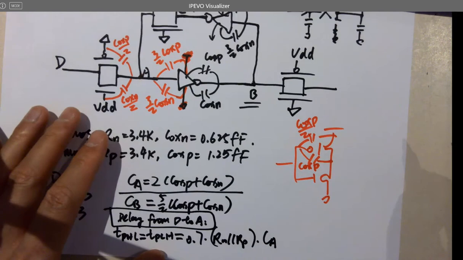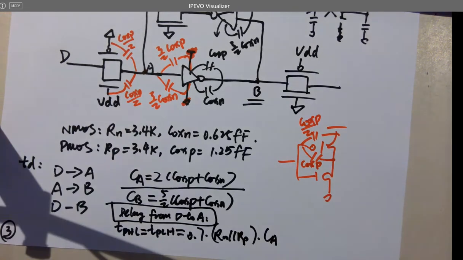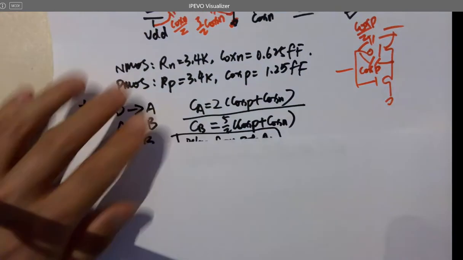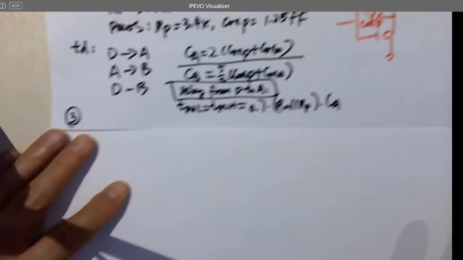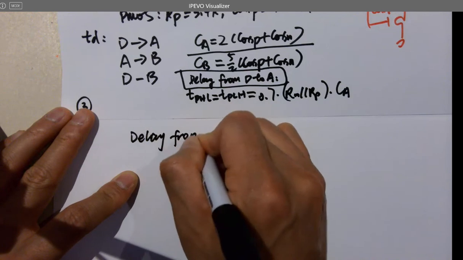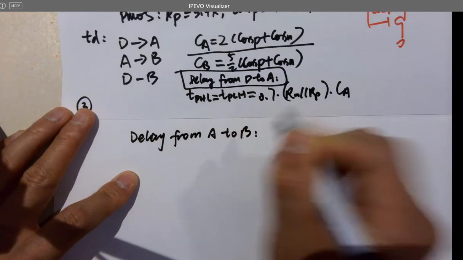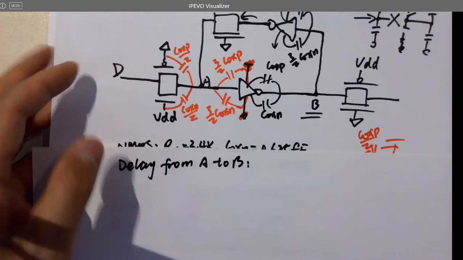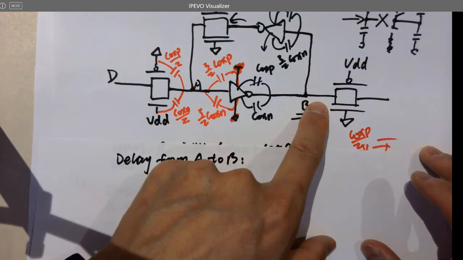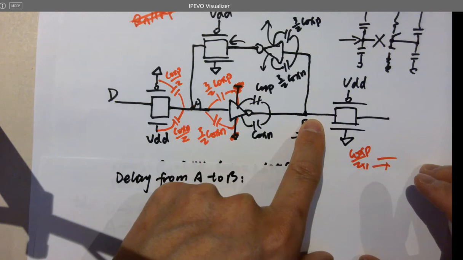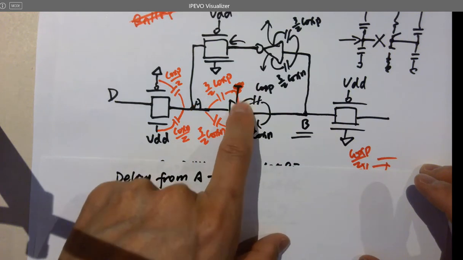So what is the delay from A to B? Start a new paper. From A to B, look at B. So the output definitely has resistors involved, right?